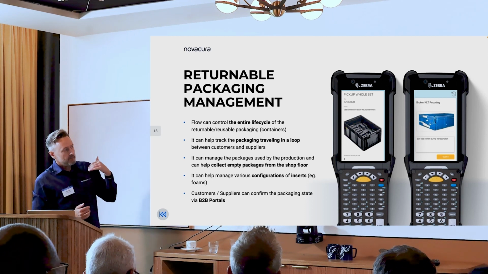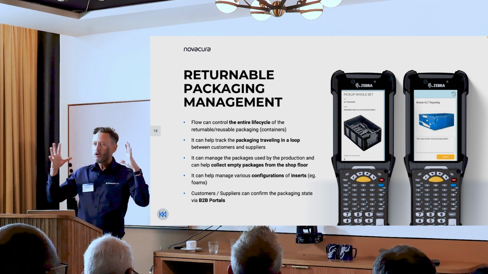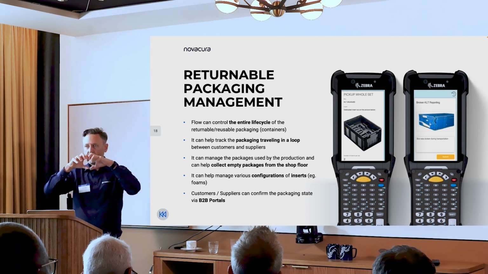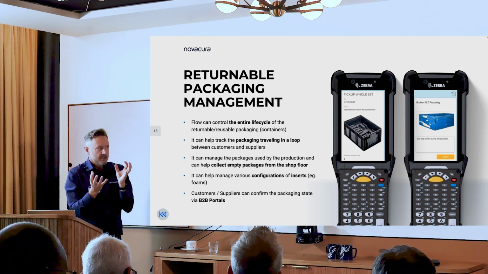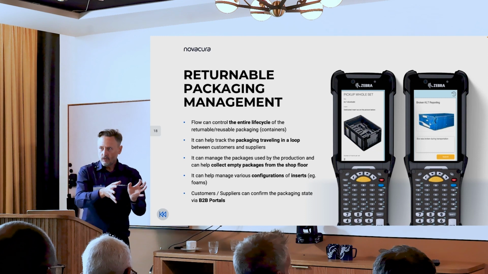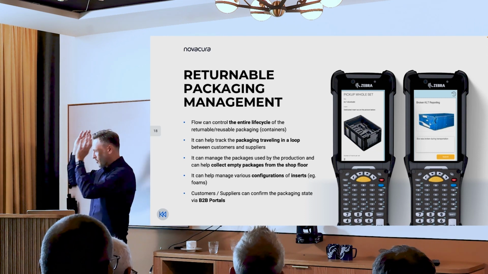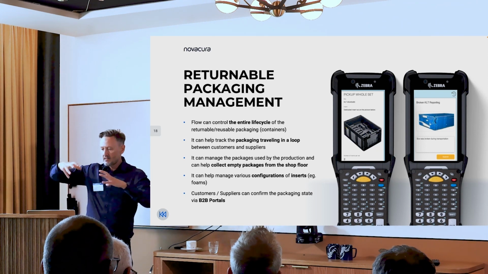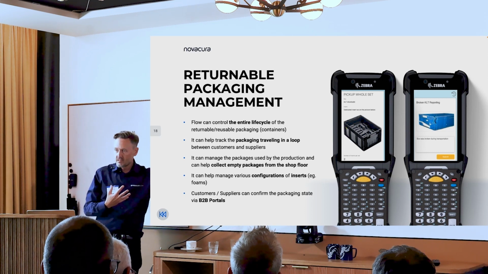And to explain why it is so important, it's not just the box. Sometimes you have a box and there is an insert inside of it, made of foam, that perfectly holds the component. So it's a very complicated case because you deliver it to the production zone. They take the components out of it and put it away somewhere, and then you collect it, and you need to combine the insert with the boxes again before you ship it back to your supplier, for instance.